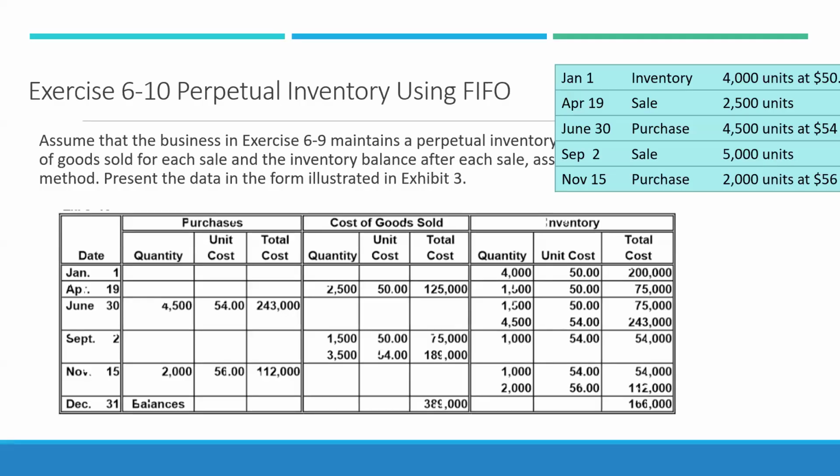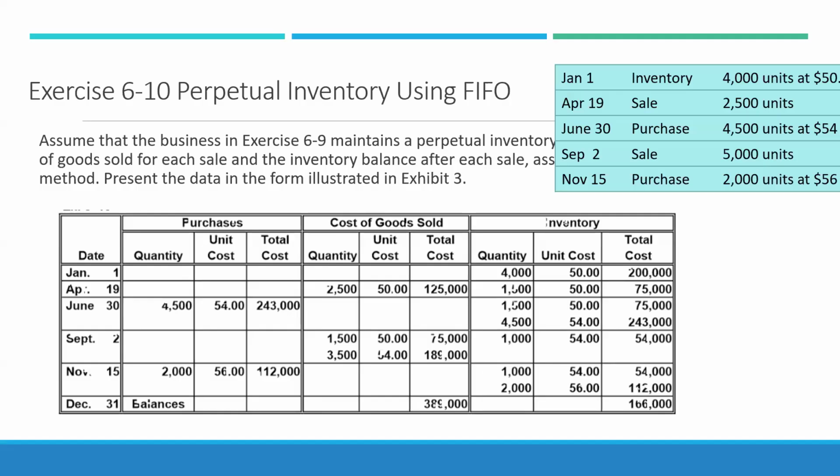Our cost of goods sold is the originally purchased inventory. That's all we sold throughout the period. There were two sales of 7,500 total inventory units.